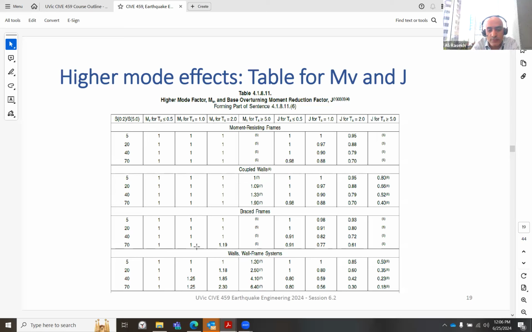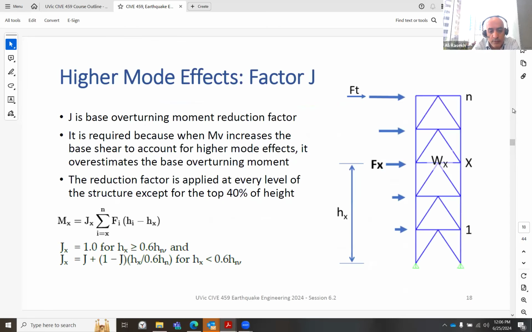You read the increase factor, if anything, for different structural types from the code, and the reduction factor for moment from the code. Then you take one step backward, apply that, calculate the reduction factor for each floor, because the reduction factor for each floor is different, and reduce the overturning moment that you are designing for based on the factor.